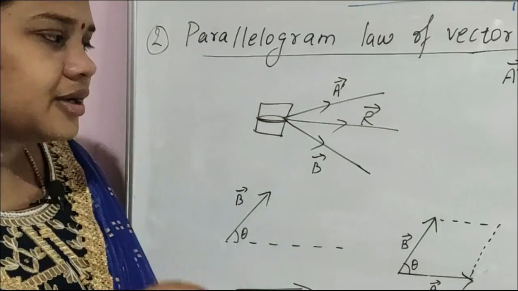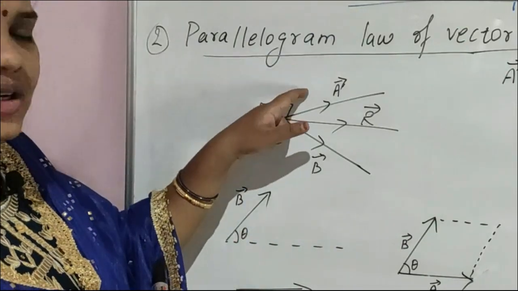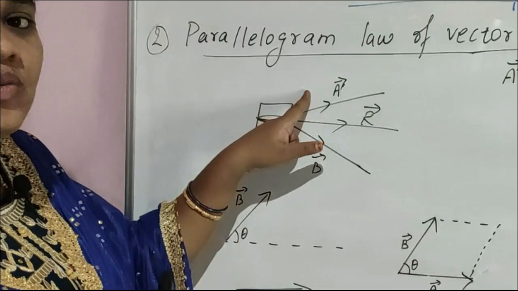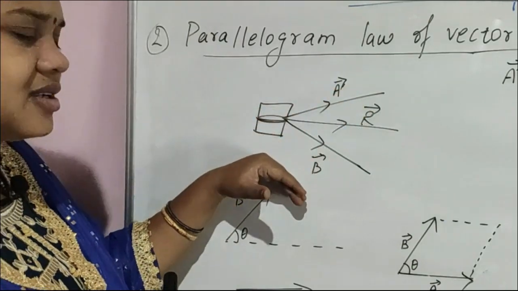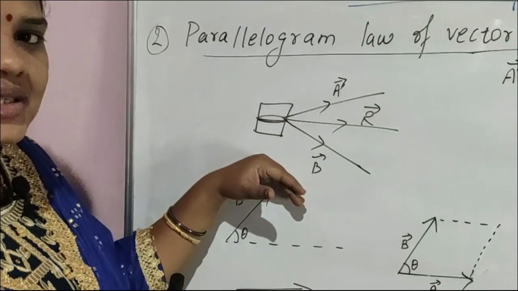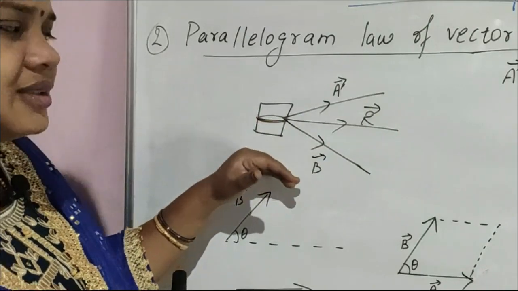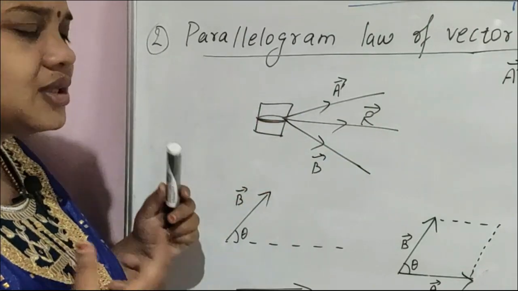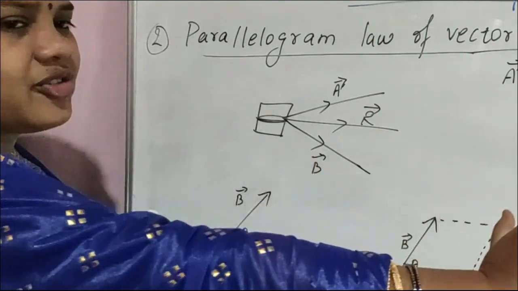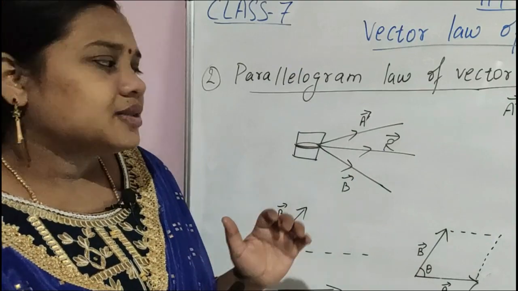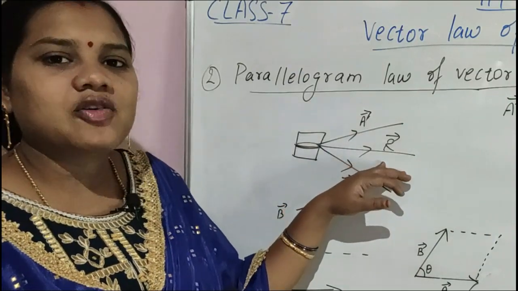But if the A vector, the first person, applies more force, it will go a little to that side. If B vector is more, meaning the second person is applying more force, it will go a little to this side. But if both are applying the same, equal force, the box will go exactly from the middle. That is called the resultant vector.